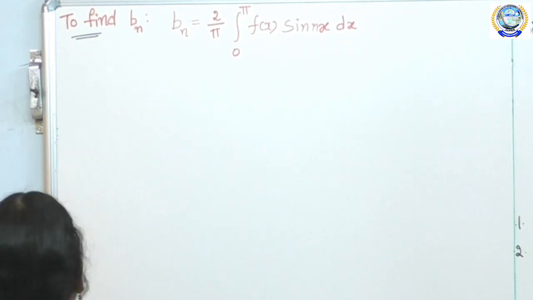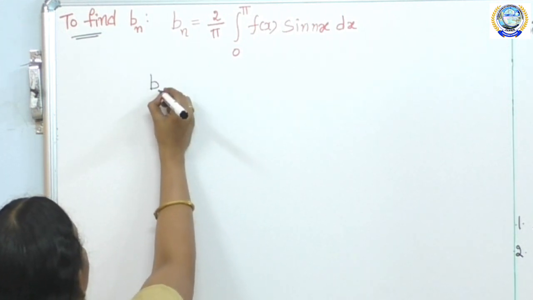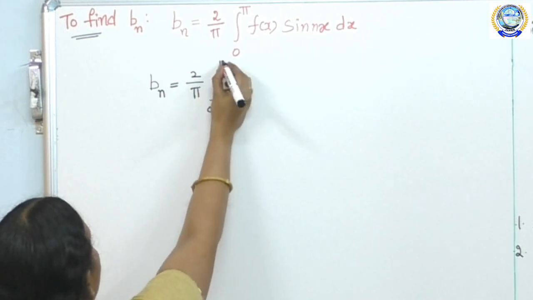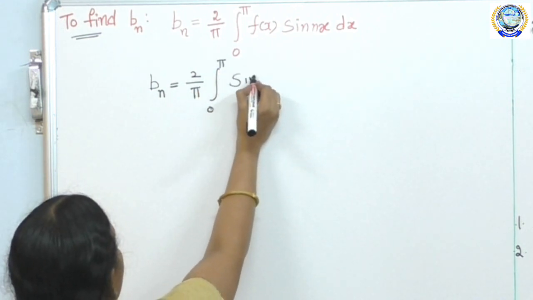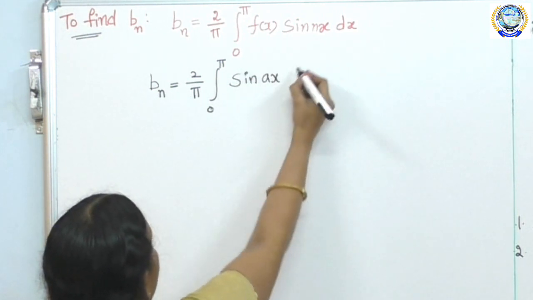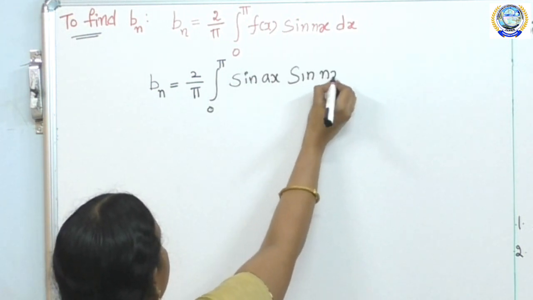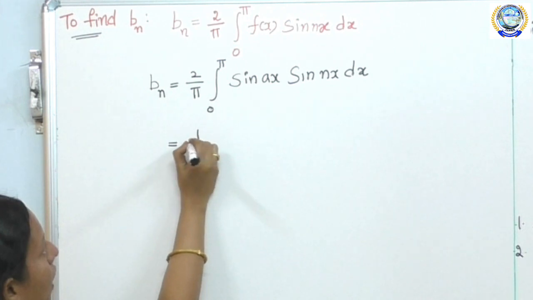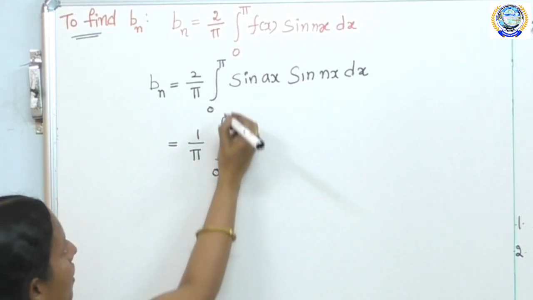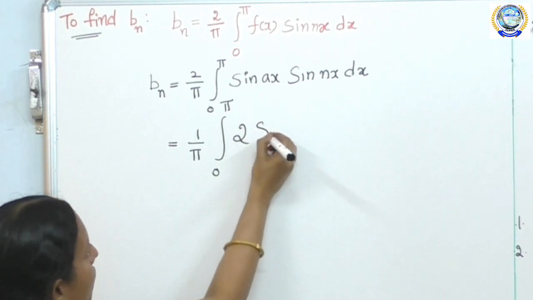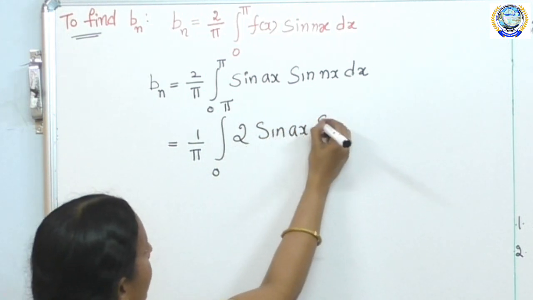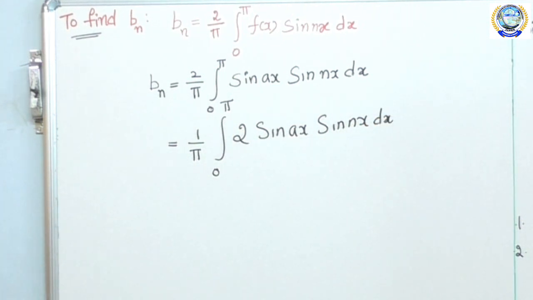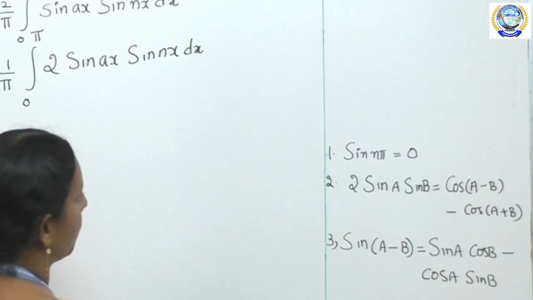Now, what is your Bn? Bn equals 2 by pi integral 0 to pi, f of x is sin ax, into sin nx dx. This can also be written as 1 by pi integral 0 to pi 2 sin ax sin nx dx. Now, which formula will we use?